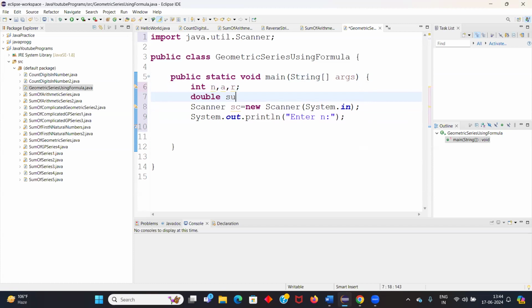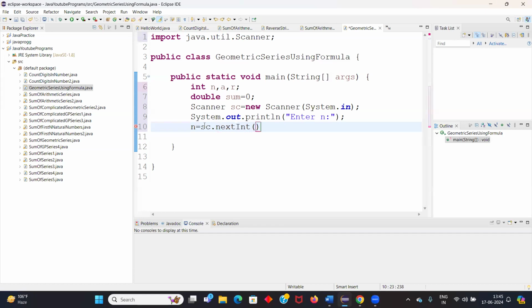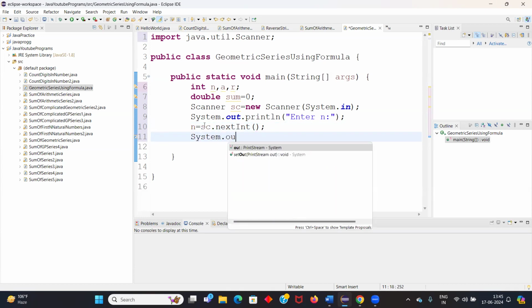I will take double because there is a denominator, so there could be chances of some value being in decimal. In the n variable, I will store my n value. That will be an integer. The number of terms will be an integer only.